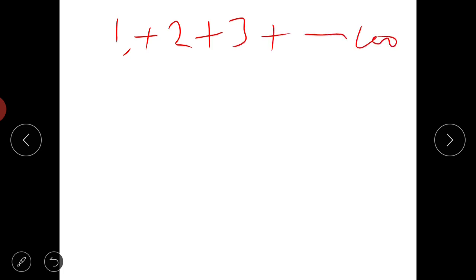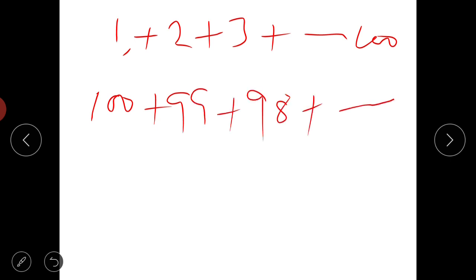You remember in the slide 3 we used the Gauss technique. If we want to add 1 plus 2 plus 3 plus up to 100, and then we reverse it: 100 plus 99 plus 98 plus up to 1.